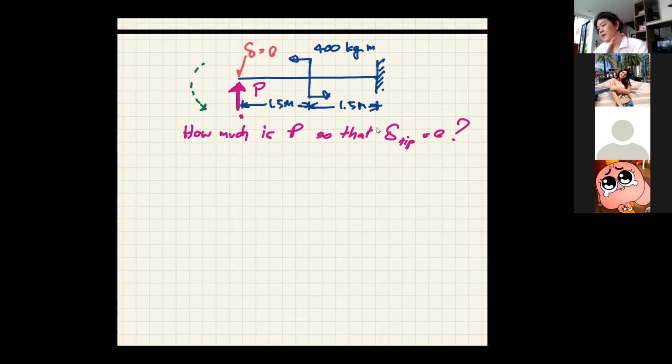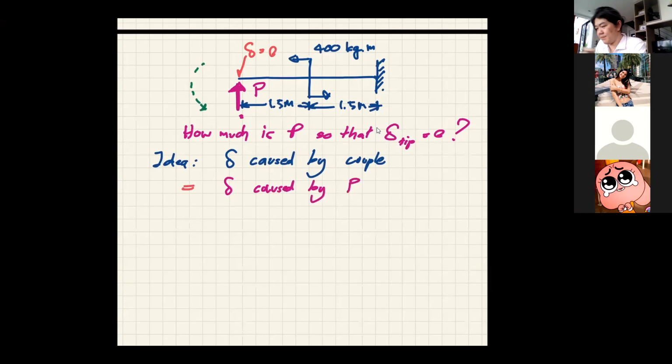So the idea would be that the deflection caused by the moment couple must be equal to the deflection caused by P, right?